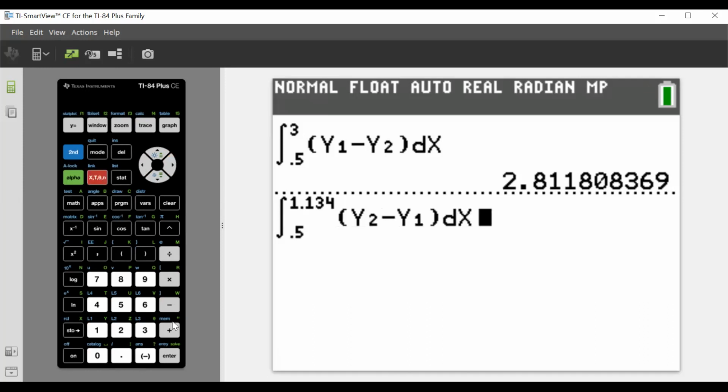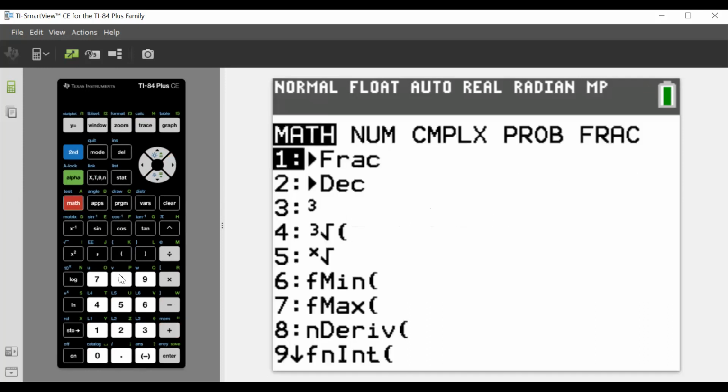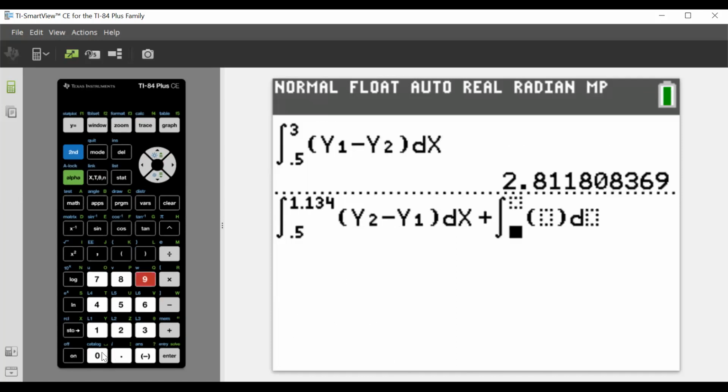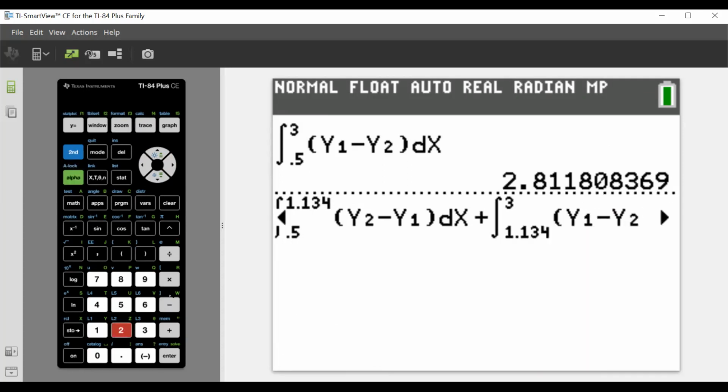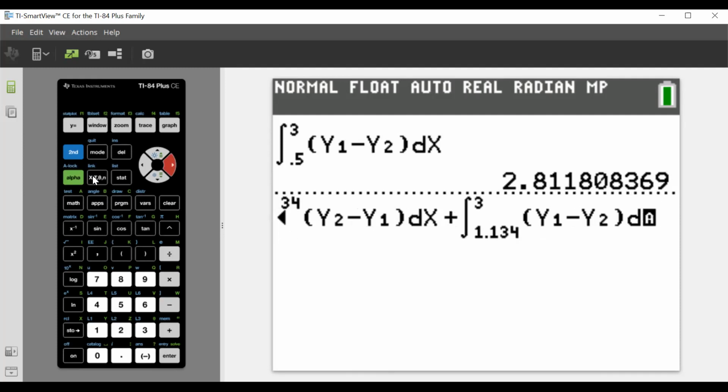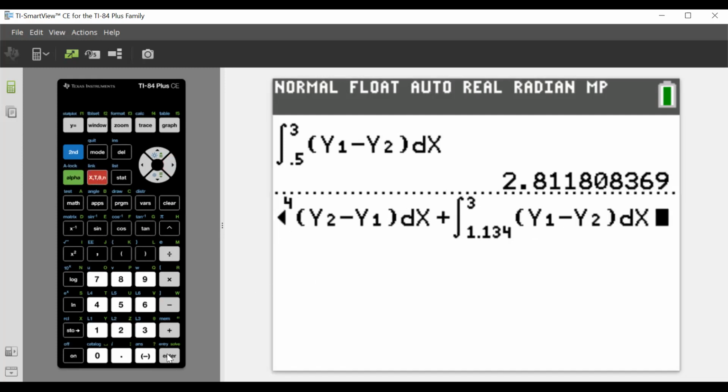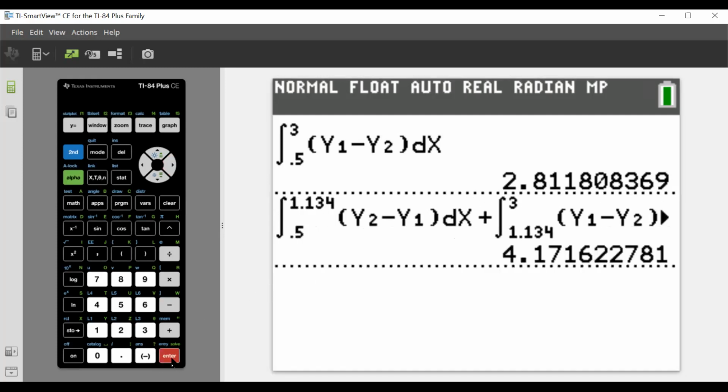And then we're going to add to that the math 9. Now we're going from 1.134 up to 3, and now we're taking f of x, which is alpha trace 1, minus alpha trace 2, and then our dx.